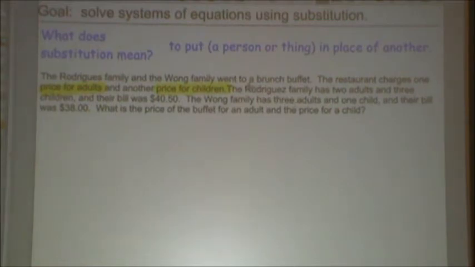We know that the Rodriguez family has 2 adults and 3 children, and their bill was $40.50. The Wong family has 3 adults, 1 child, and their bill was $38. And we need to find the price of the buffet for an adult and a child.